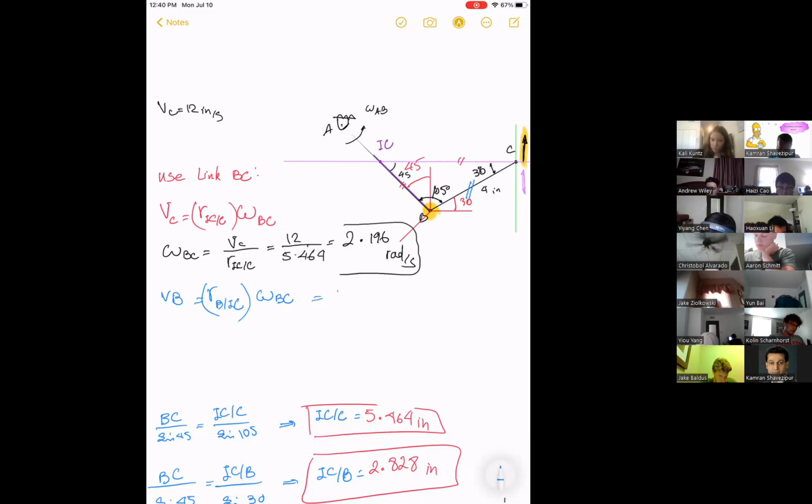Then you're going to put 2.196 times 2.828, and that should give you 6.211 inch per second.